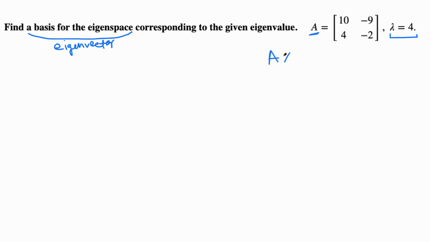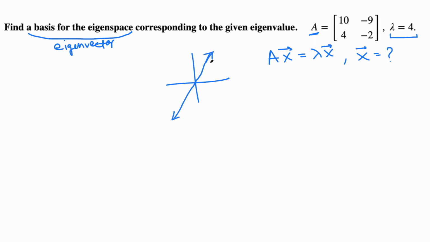We know that lambda is an eigenvalue if Ax equals lambda x, and we are trying to find this x. In fact, it's a 2 by 2, so x will be a vector in R2, and we will have infinitely many choices for x. And if we multiply by 0 as well, it will be a straight line.